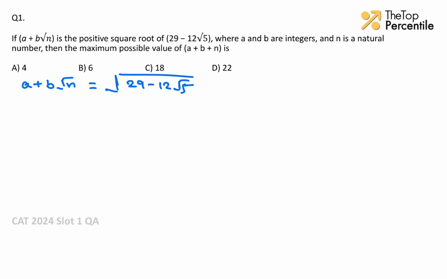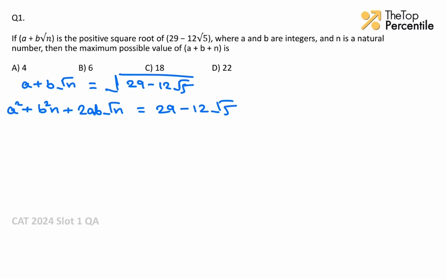So on squaring, this will give me a square plus b square n plus 2ab root n. This will be equal to 29 minus 12 root 5.